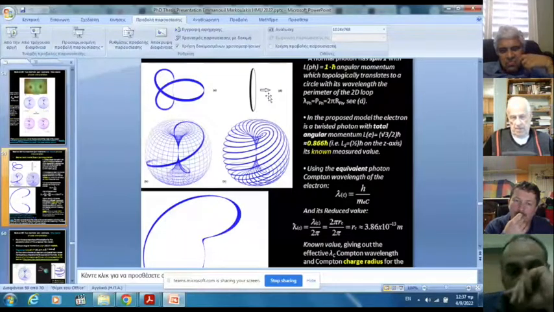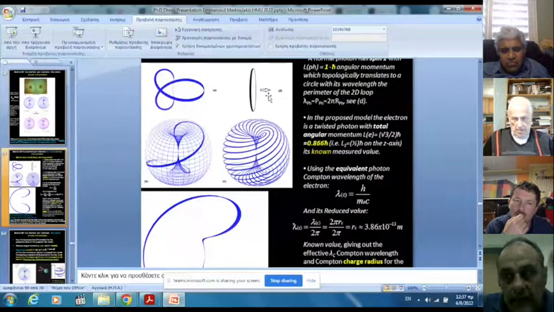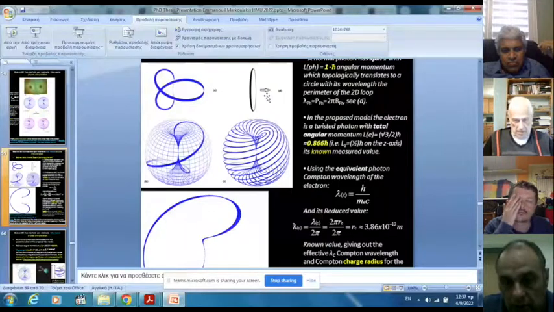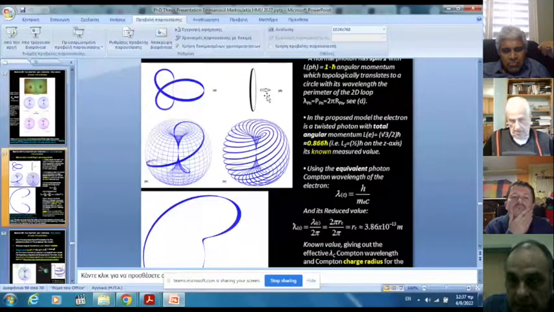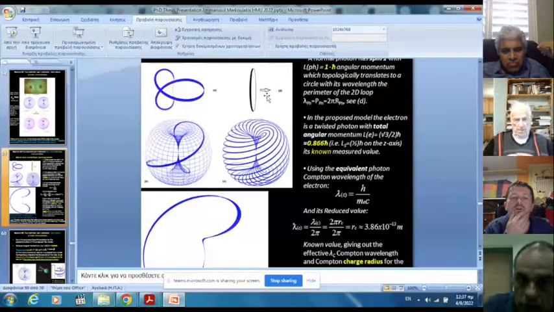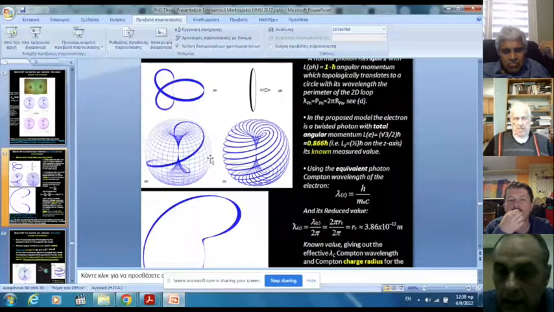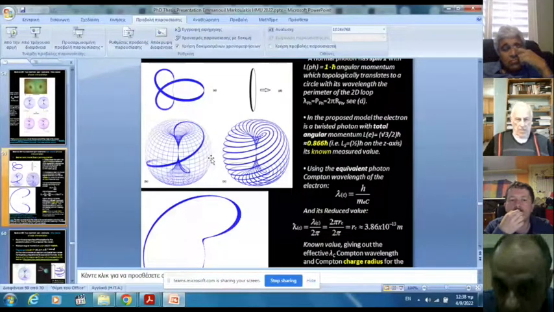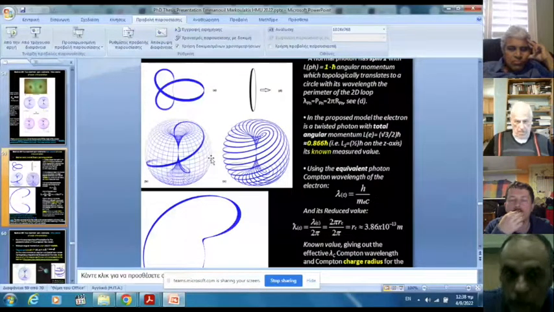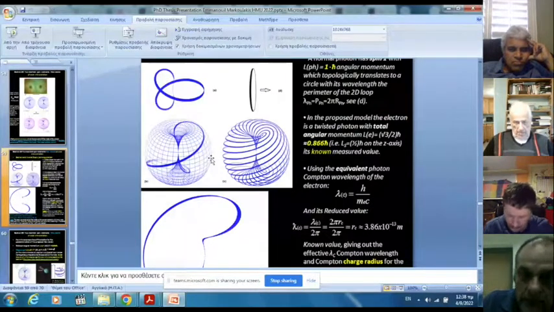That's very essential for the theory. It's actually called the Compton radius. This electron, which has the Compton radius, is where classical physics stops, which allows us to get the magnetic moment with a tangential speed c.